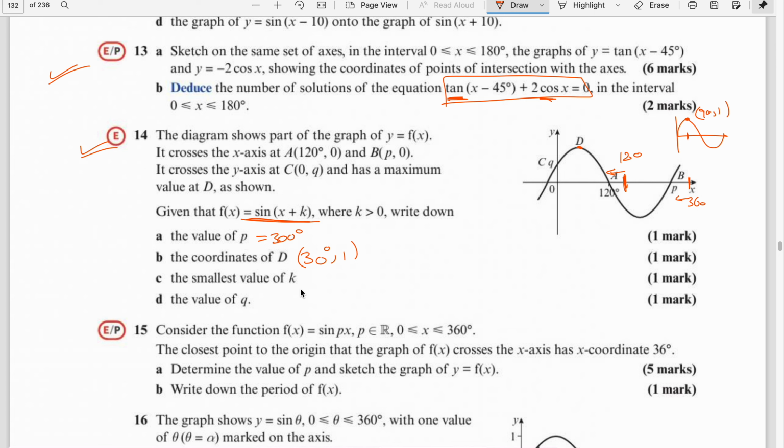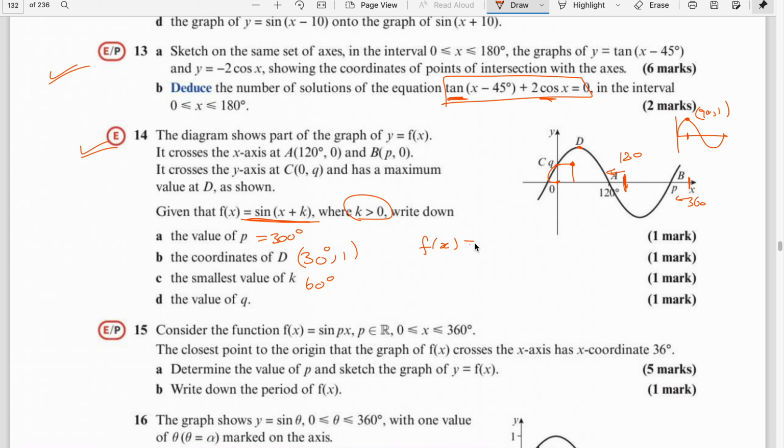The smallest value of k, so smallest we have already discussed that, this is 60. Positive value because it said it is positive and the graph is moving towards left. And value of q, this q should have been right here, or we can just substitute 0 in the given equation.